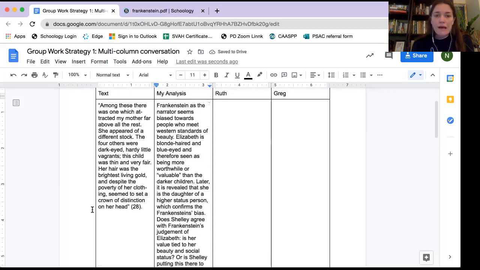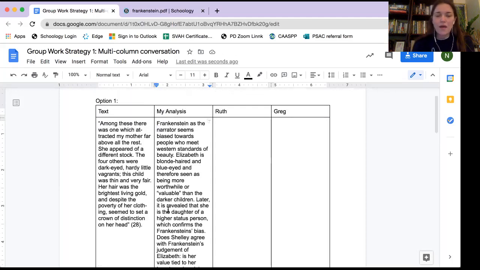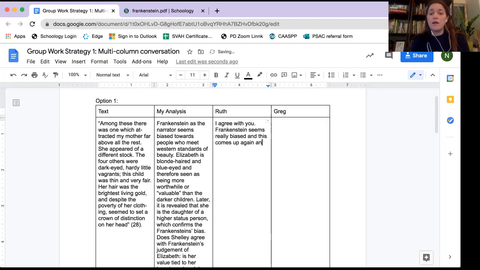And then after this, either my partners would have a chance to comment, and they could comment on what I said. So Ruth might say, oh, I agree with you. She'd probably say bark, bark, bark. I agree with you. Frankenstein seems really biased, and this comes up again and again.